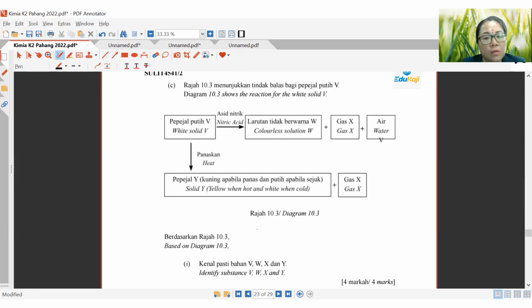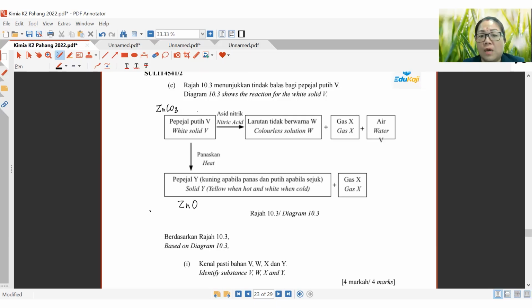Try to recall. If it is yellow hot, white cold, this is zinc oxide. Because we only learned a few types of salt. So definitely, if it is a white solid, it's only zinc carbonate, because all carbonate salts are insoluble except ammonium, sodium, potassium, and nitrate salt.